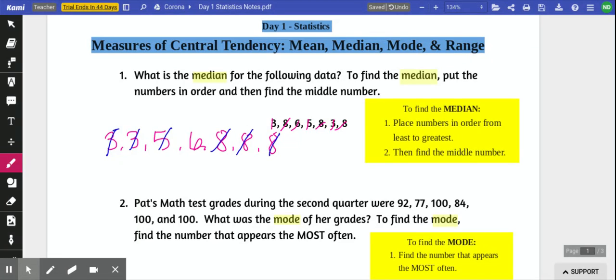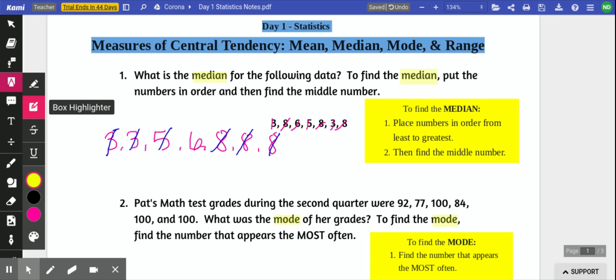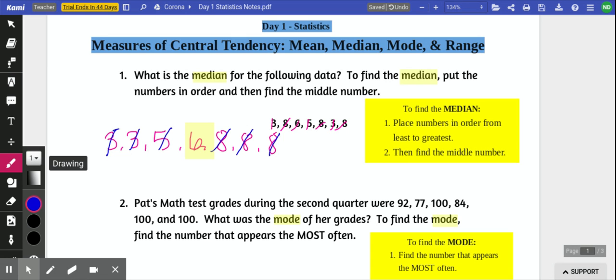If you see, I have 3 numbers crossed out on the left and 3 numbers crossed out on the right. And that's perfect because I have one number right in the middle. And that number is my median. That is my middle number of this set of data. So my median here is going to be 6.